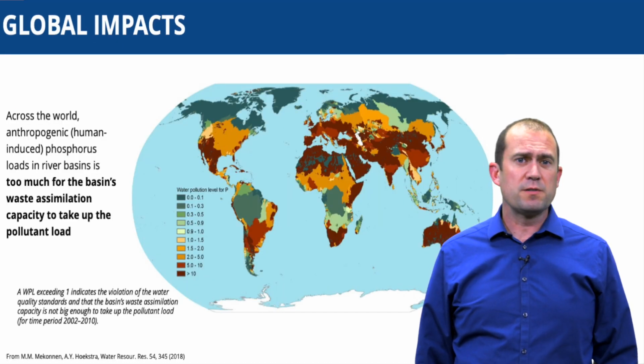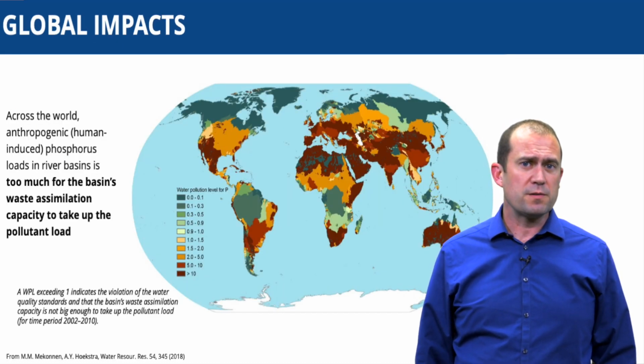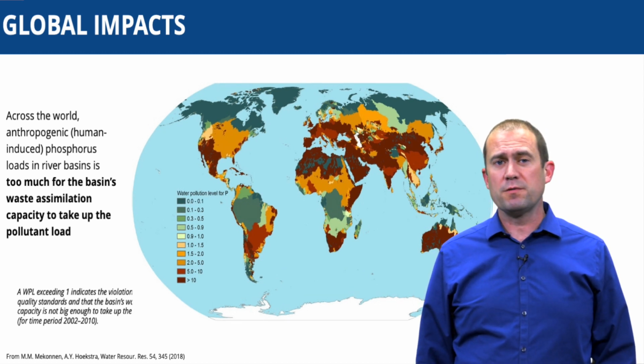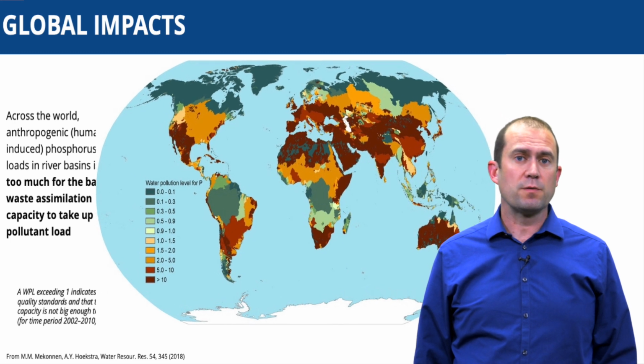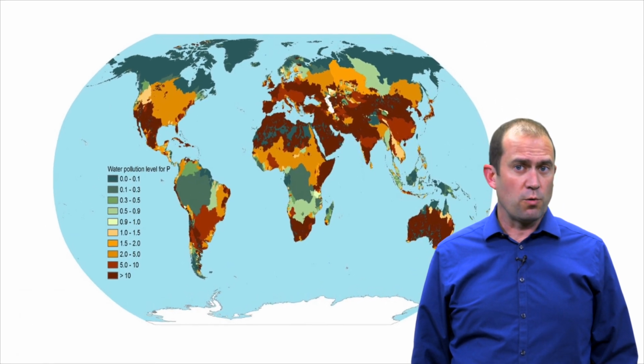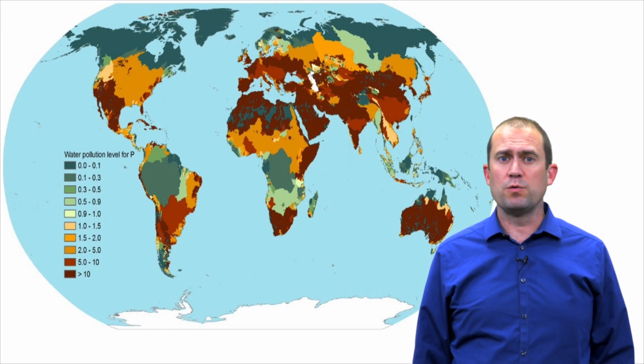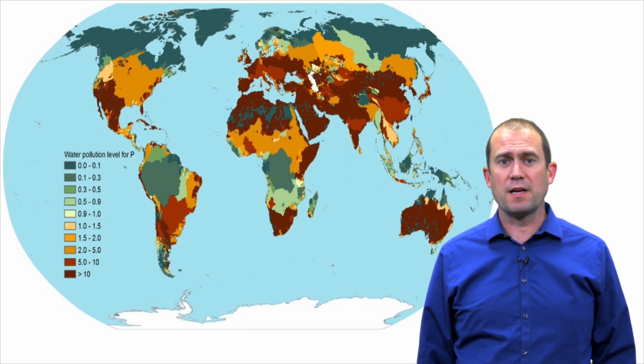The negative consequences of losing phosphorus to surface waters is a global problem. In this graph, we see what's called the water pollution level for phosphorus, represented by colors from red to green. Red and orange colors represent pollution levels above 1, which means that the phosphorus pollution is too much for the water basin to handle.